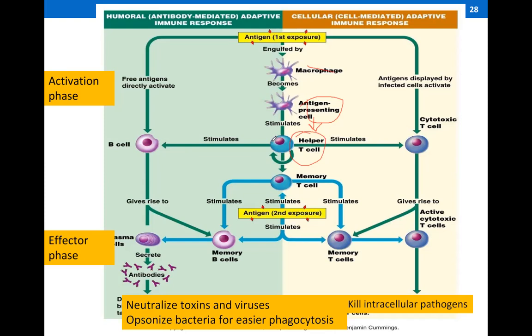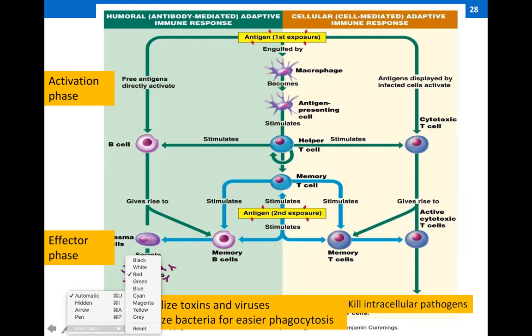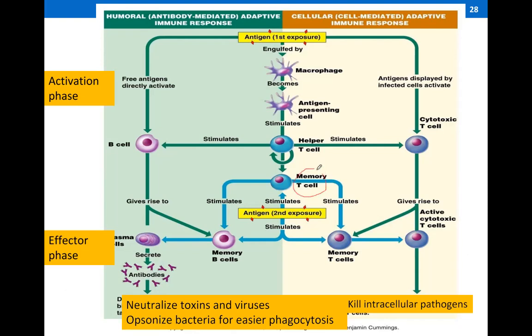By means of this T helper cell. Once T helper cell activates, it stimulates both the B cell and your T cytotoxic cells. Okay. Now next, T cell will be differentiated into memory T cell. Okay, memory T cell. But individually speaking, B cell will give rise to memory B cells as well.